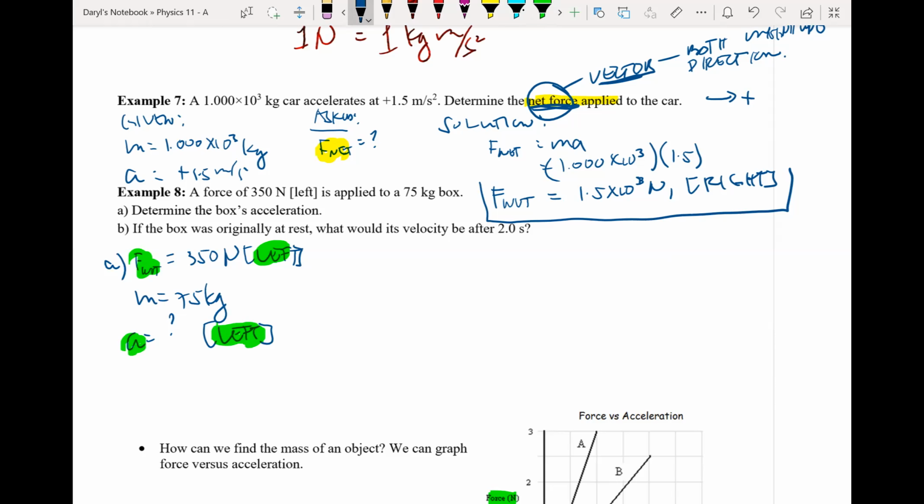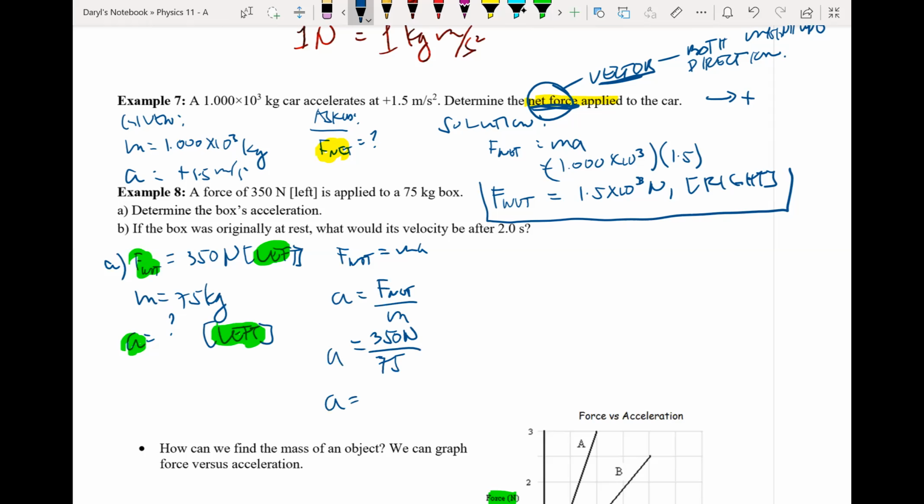So if I'm going to use my second Newton's law, F net is ma. So A is just F net over m. So F net is 350 newtons, and the mass is 75.